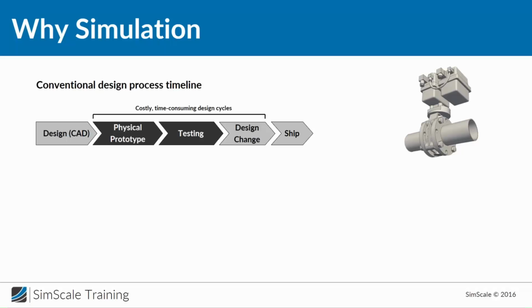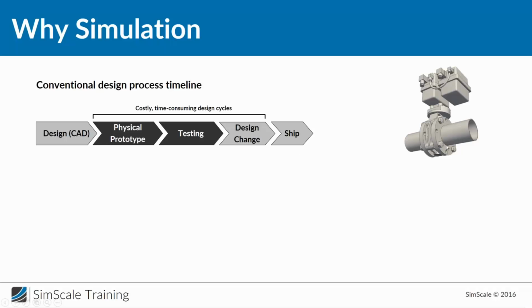And now it's your job to completely design a new valve with your team. The standard design process is like that. You would start with a list of requirements, and then you would really start to design a first prototype. That means you would design every part of this prototype.